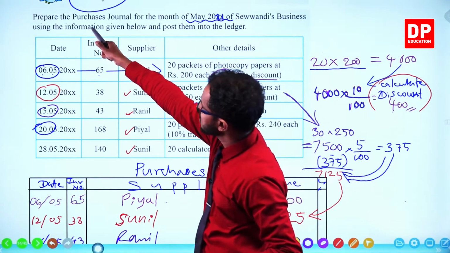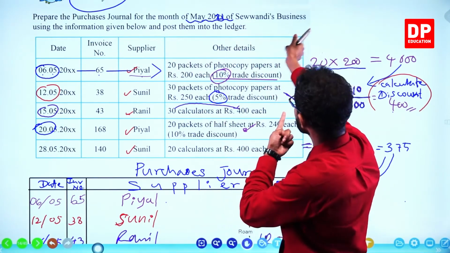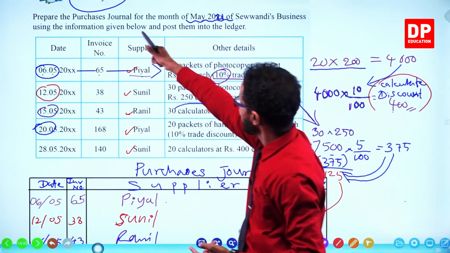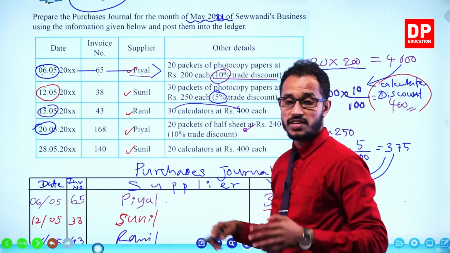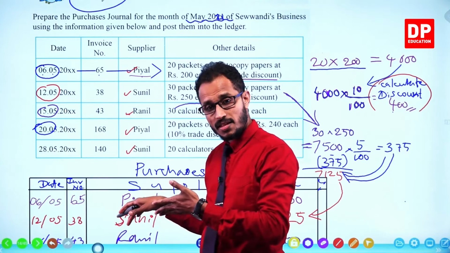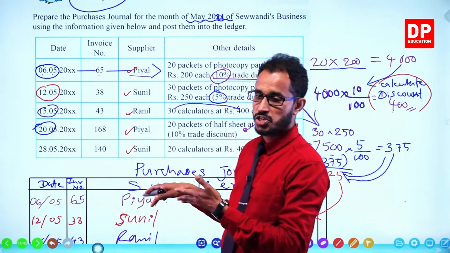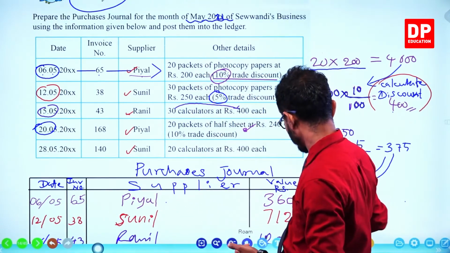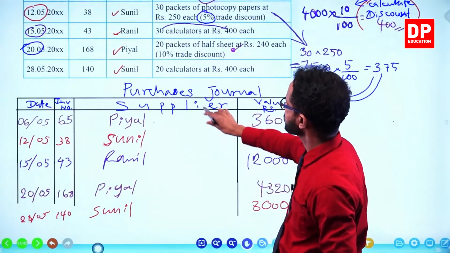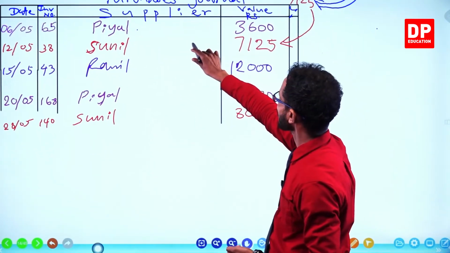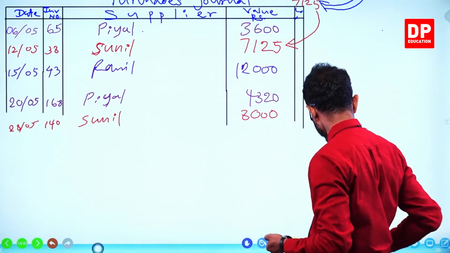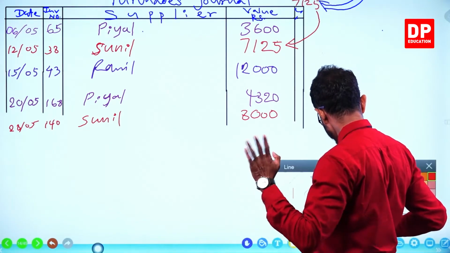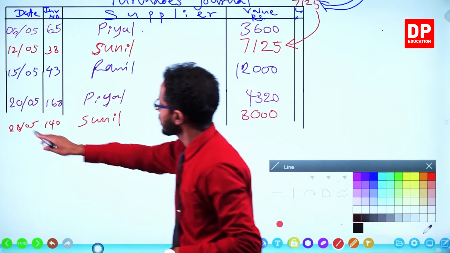Then we prepared the purchases journal, then post them into the ledger. We just need to total the purchases journal at the end of the month. Let's go and do it. Don't need to take much time.